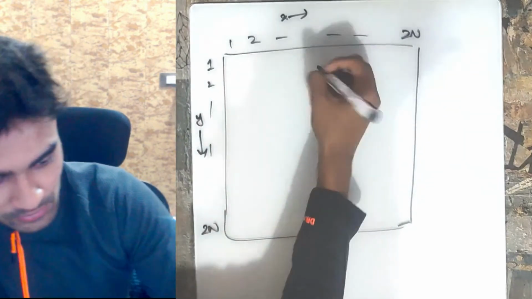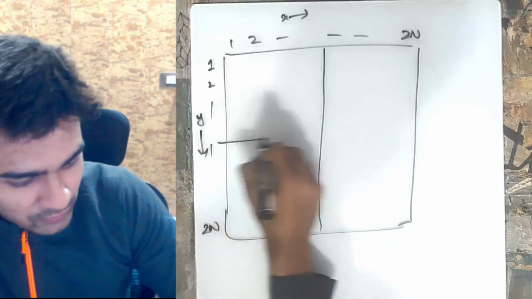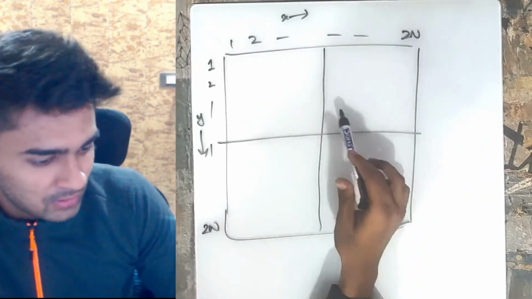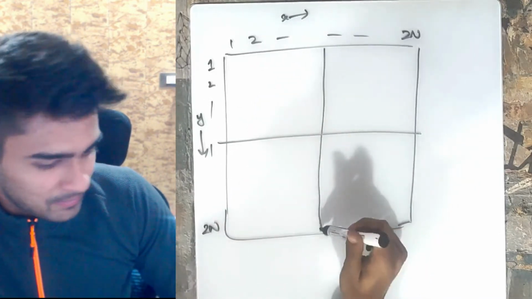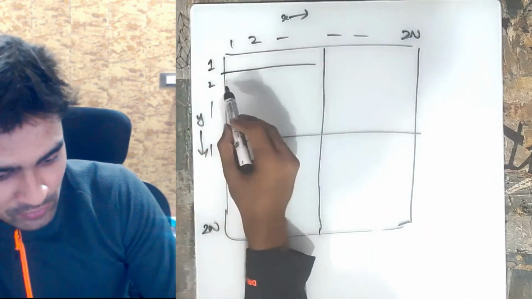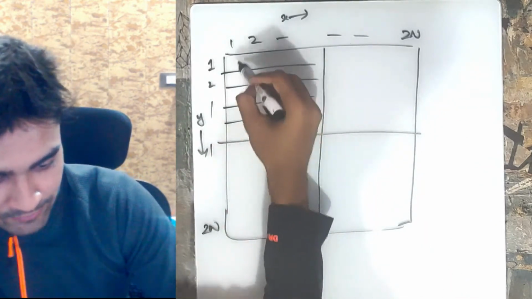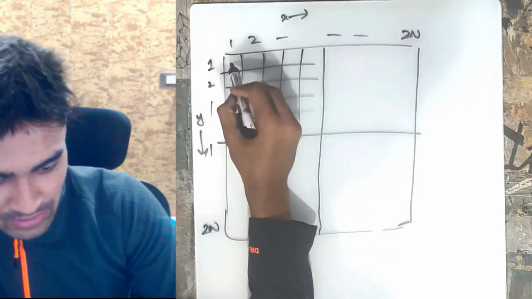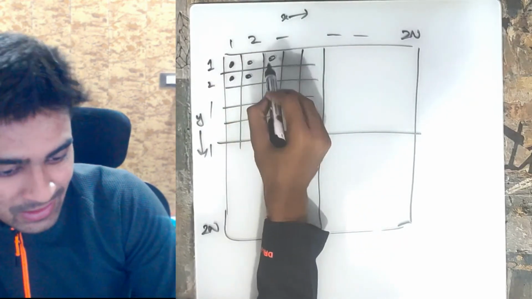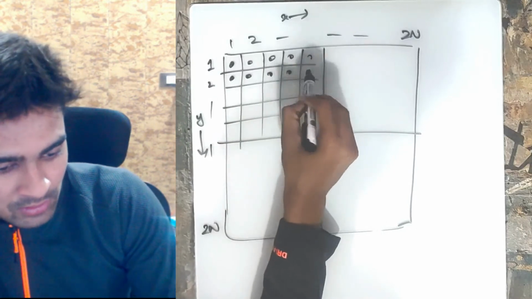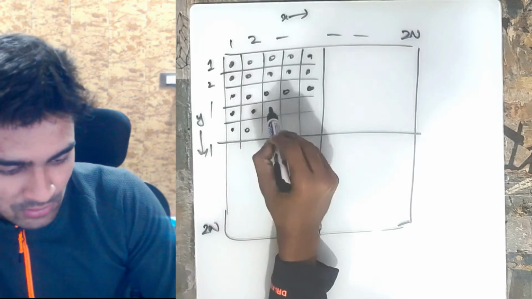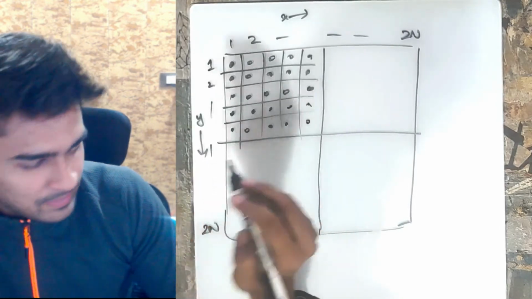Okay. Now we can actually divide this grid into 4 parts. This is the top left, bottom left, top right, bottom right. Okay. In every cell of the top left, we have people standing. So basically in every cell of the top left box, we can say we actually have a friend. Okay.